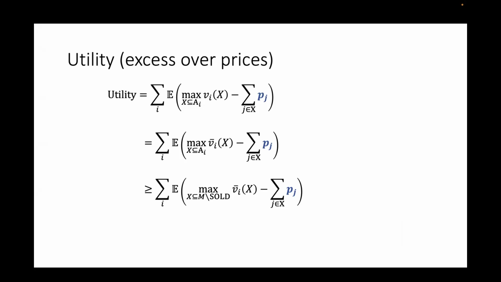Here we lower bound with the set of items that are available at the very end, right? Because I did this little trick of replacing V_I with V_I bar, this V_I bar is independent of this other set, M minus the sold items. If I didn't do that, then they wouldn't be independent.